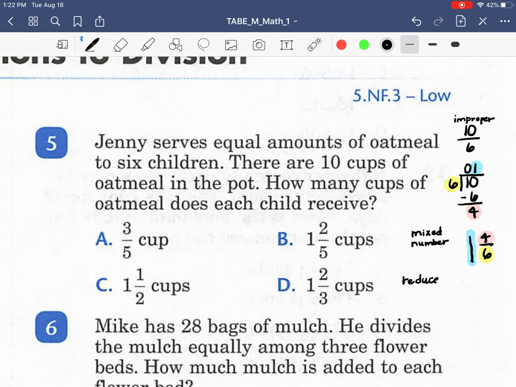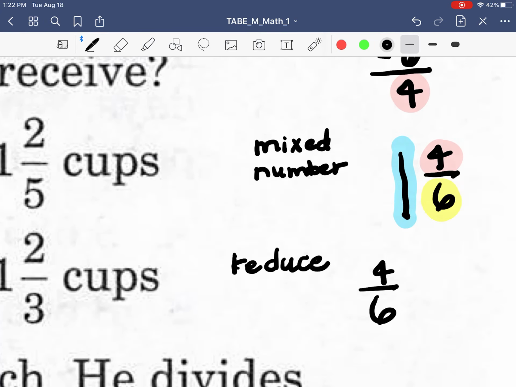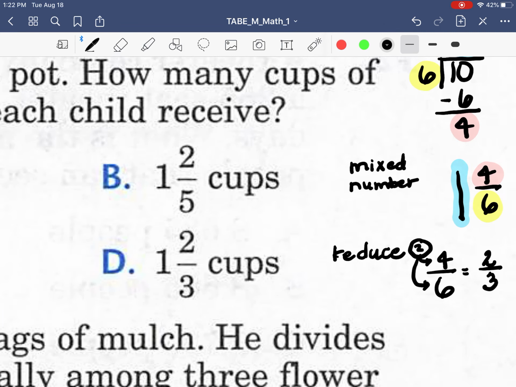So what I need to do is reduce my 4/6. Take that fraction on down to its lowest terms. So I'm going to divide both of those by 2. And that gives me 2 into 4 is 2. 2 into 6 is 3. So let's look for 1 2/3.